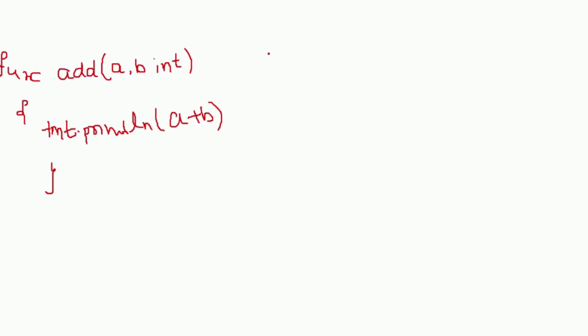Let's see it. For that I create a function. I write the func keyword and then the function name, and here I write a variable name. We pass only one variable name, not so many variable names like a, b, c, d. We don't need to pass like that. We pass only one variable, then a space and three dots.